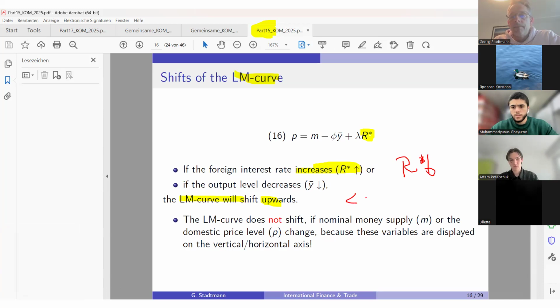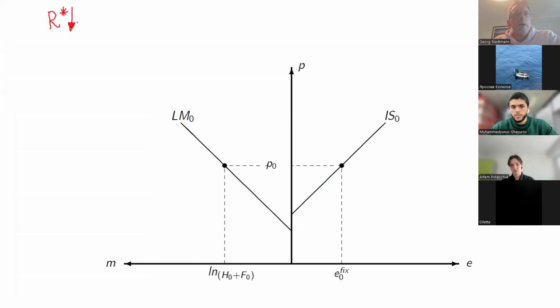So LM shifts down. This is what we can infer from the old slides from chapter 15. So we know R star decreases, so LM down.